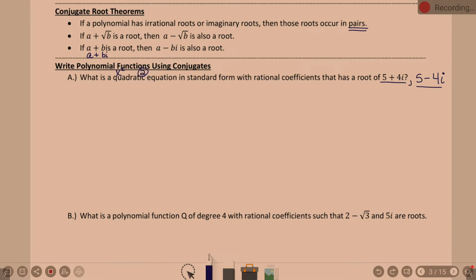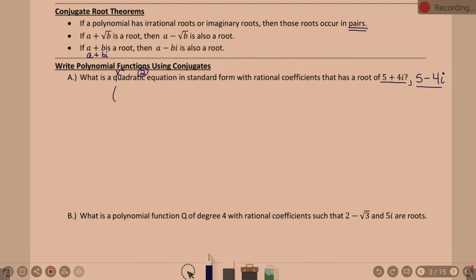So, they want this in standard form, which means they want it all multiplied out. Now, think with me. If this had been just 5, what would you write that as a factor? Your factor would be x minus 5. But my root is not just 5, it's 5 plus 4i.